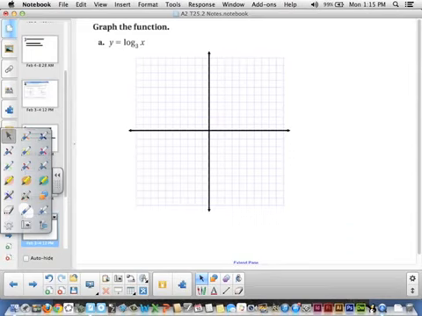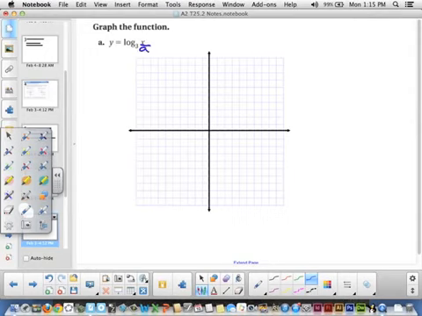So let's graph this one. Y equals log base 3 of x. Keep in mind, our a is going to be located underneath the x. There's nothing underneath the x, so that means a is equal to 1. B equals 3. This time, instead of going left and right, we're going to look at what's happening up and down. So our x-intercept is our a value, a equals 1.